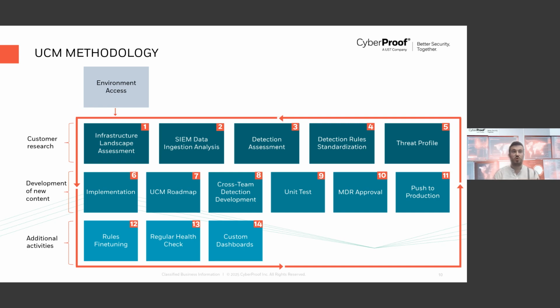By making sure all of our rules are fine, we can make sure of our current coverage and focus on covering new techniques. And finally, we create some custom dashboards based on the requests from the customer and other teams. So it's also in our scope. And as you may see, this is a circle activity. We're not doing it just one time, we're doing it again and again.